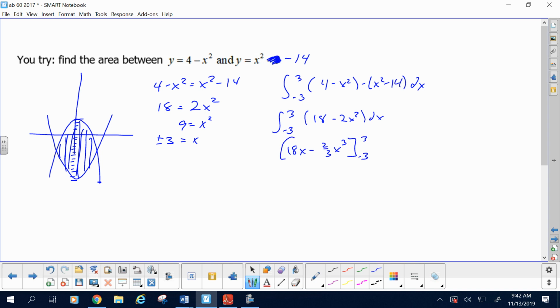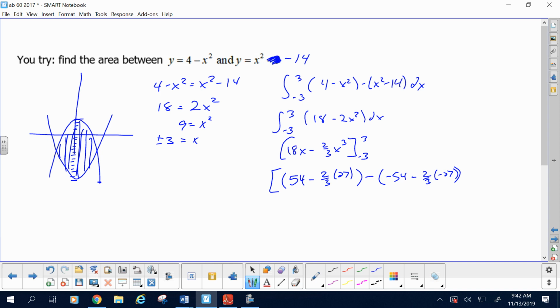What is 18 times 3? 54. 2/3 of 27, minus negative 54 minus 2/3 of negative 27.